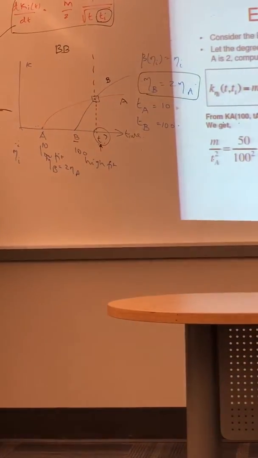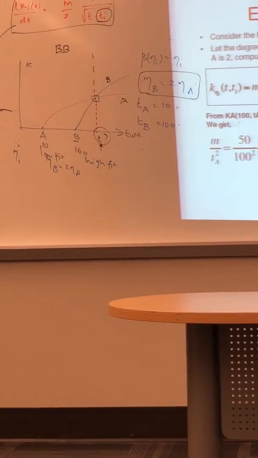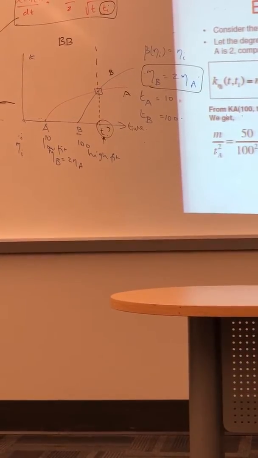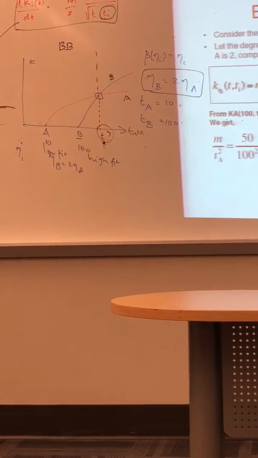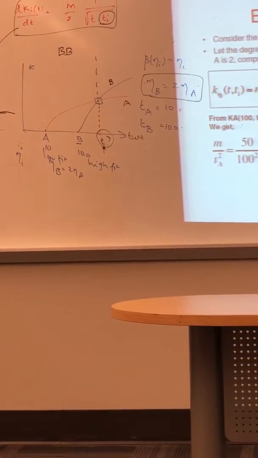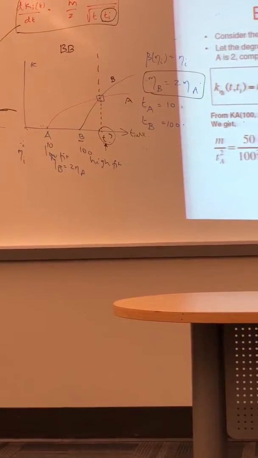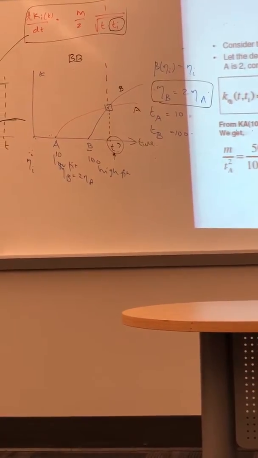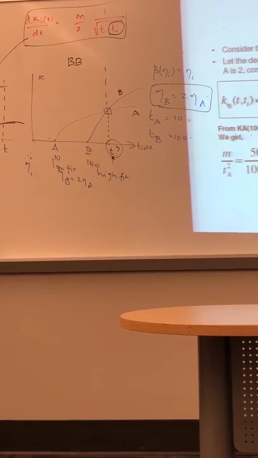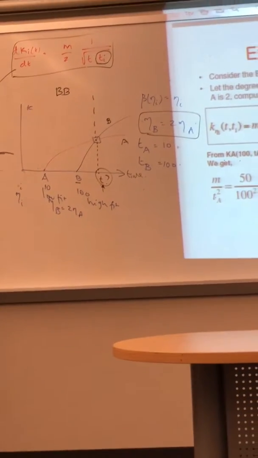Like your birth date and weight are independent, but together they can decide how your degree grows. So joining time is like the time at which the node joins the network, and fitness is like something that is unique about that node.